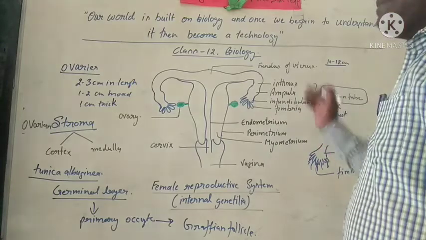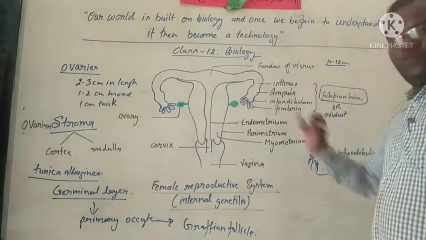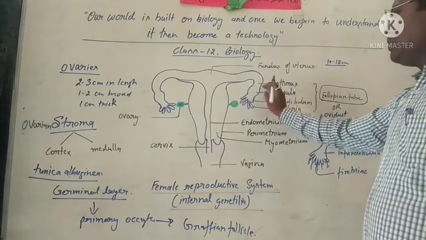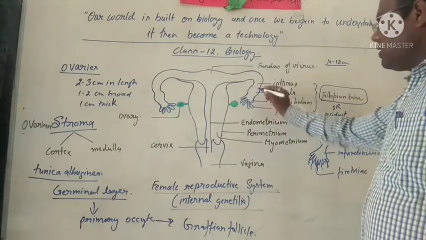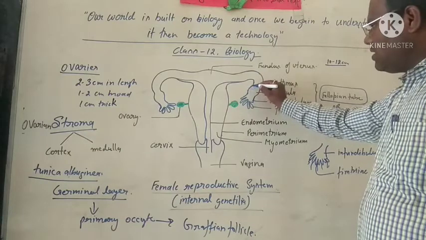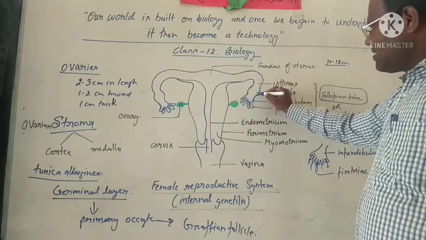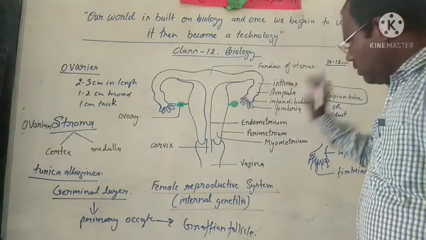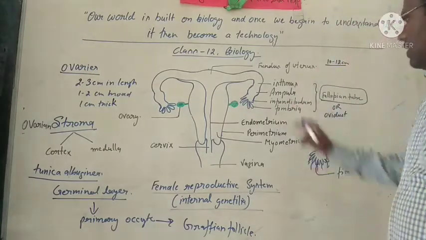Now, the next part of the fallopian tube. The broader region of the fallopian tube is called the ampulla.